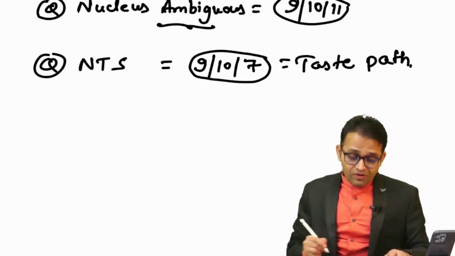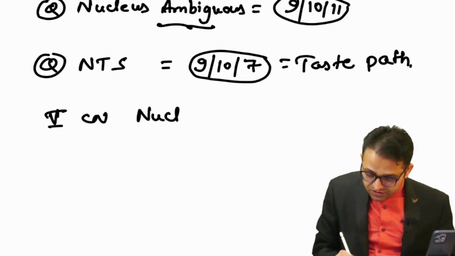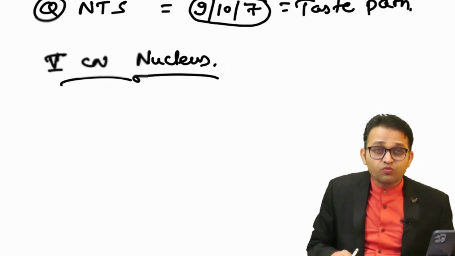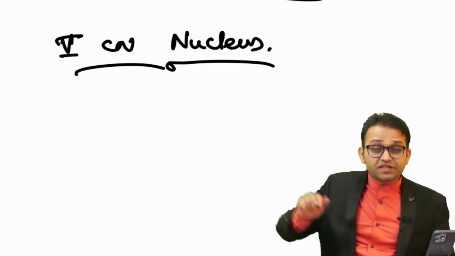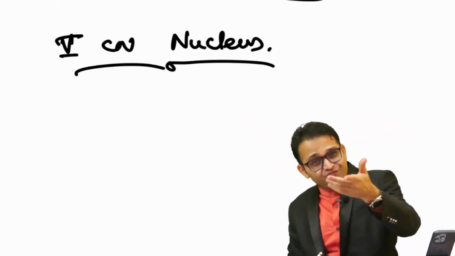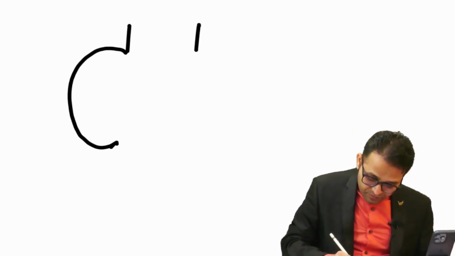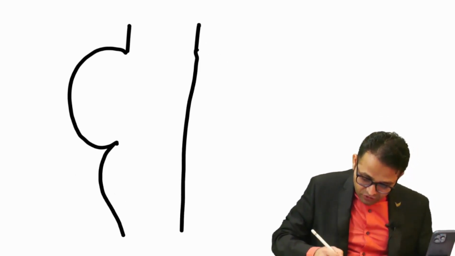Okay, sir. Now I am going to tell you the fifth cranial nerve nucleus. So catch this point. Sir, the largest cranial nerve, the fifth cranial nerve. So observe. Suppose this is our midbrain. Here is the pons and this is our medulla oblongata.